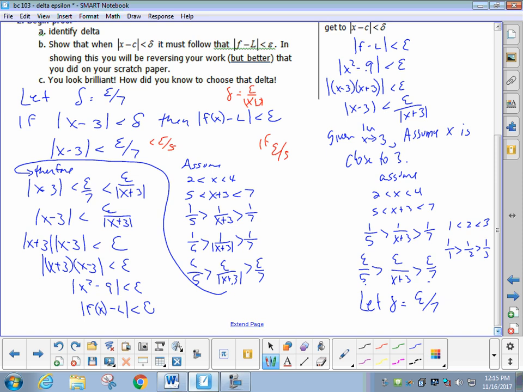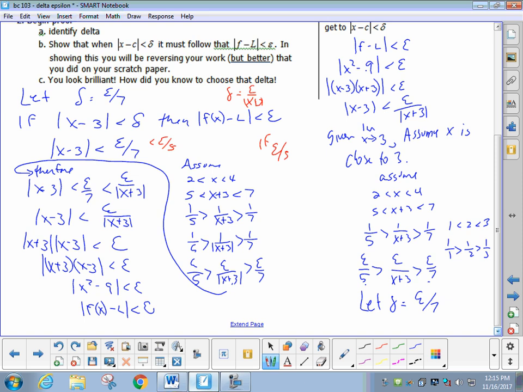This is the justification for why I can go here. I can't go straight from here to here. I need to explain why epsilon over 7. Nobody would know what that's talking about. This has to be there. Why do this? That's your proof.